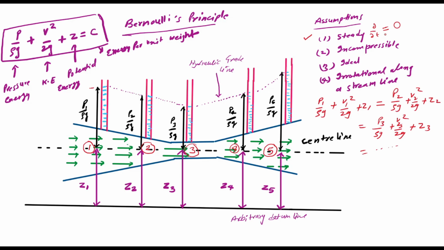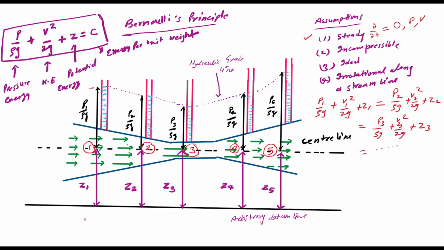Means the time derivative of this property should be equal to 0, because this is a constant value. Here it is pressure and the other is velocity, right? But at points 1, 2 and 3, the velocity may be different.